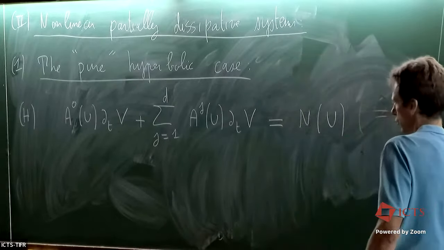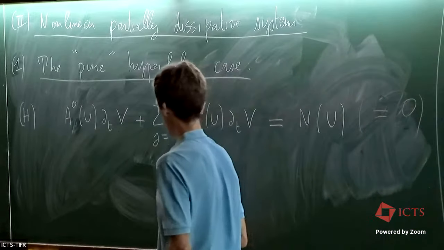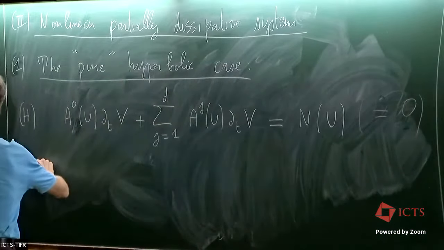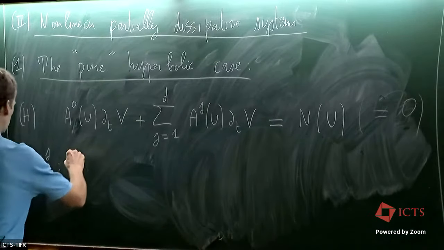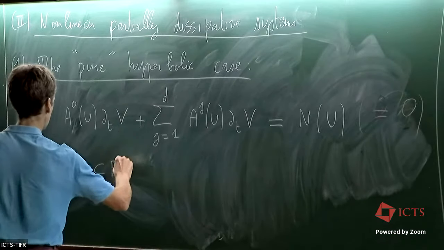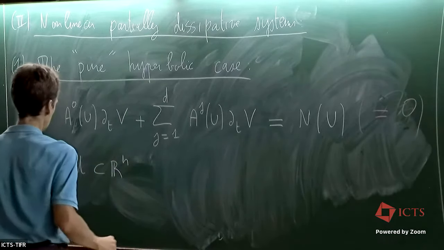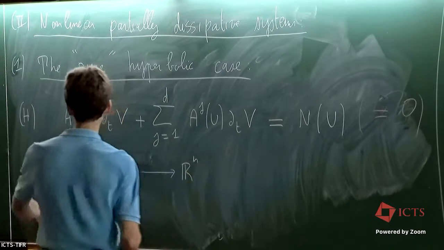And so what is the relationship between U and V? Remember that all the matrices are defined on some phase space, which is an open subset of Rn, with values in Rn. I will add some assumptions after.